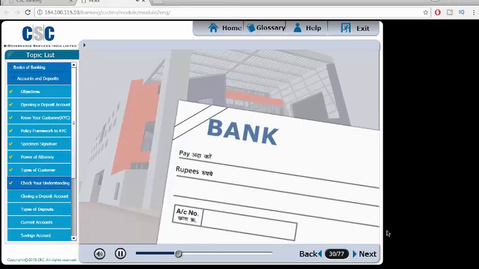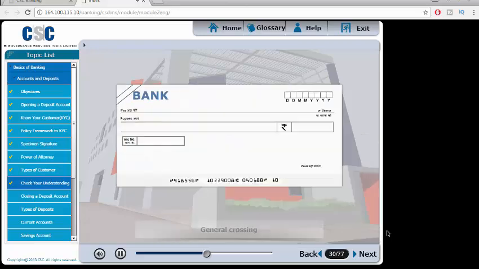Crossing by two parallel transverse lines simply, either with or without the words "not negotiable" or "and company" or "account payee", are examples of general crossing, and in such cases the drawee banker shall not pay it otherwise than to a banker.